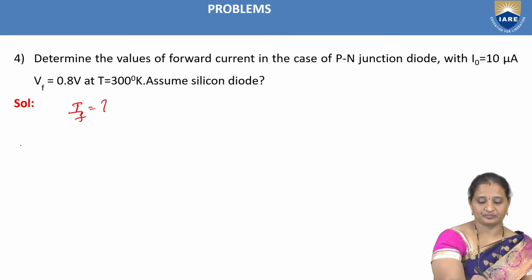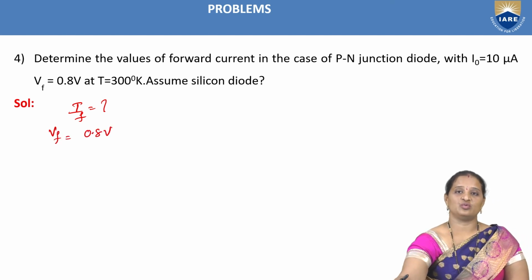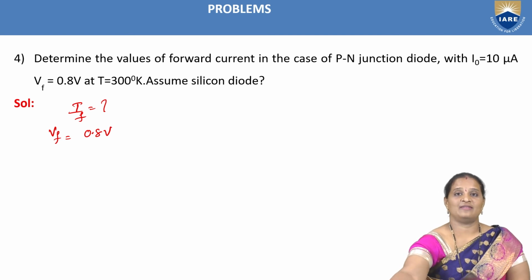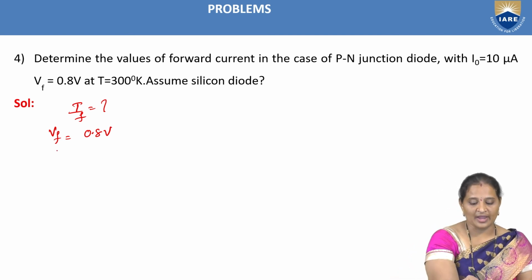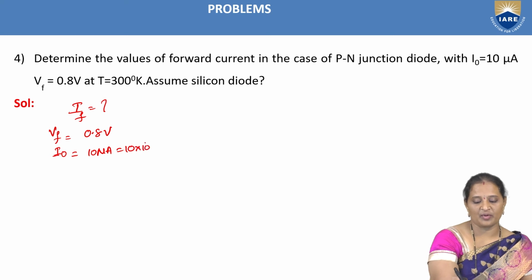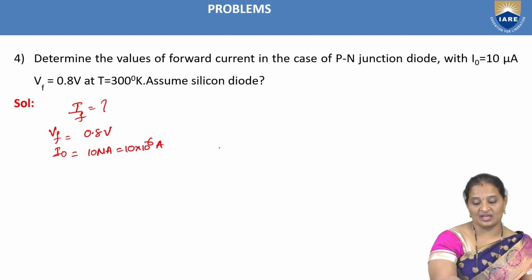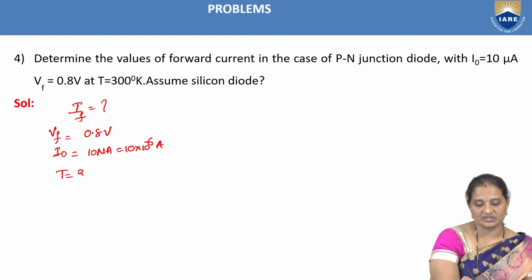He has given Vf, the forward voltage applied to the diode, 0.8 volts, and I naught value is 10 microamperes, which is 10 into 10 to the power of minus 6 amperes, and T is equal to 300 degrees Kelvin.